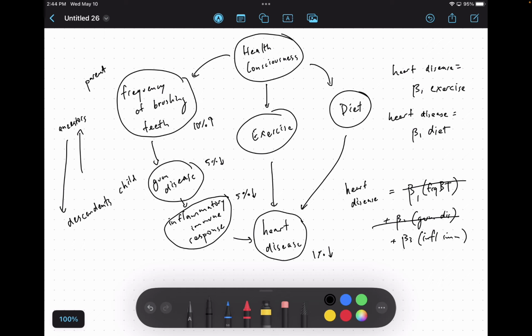Given this sort of direct relationship, what is the relationship between inflammatory immune response and heart disease? The causal effect that's getting described here. So 5% goes down, 1% goes down. What's the causal linkage between this and this? Yeah, 1 to 1.